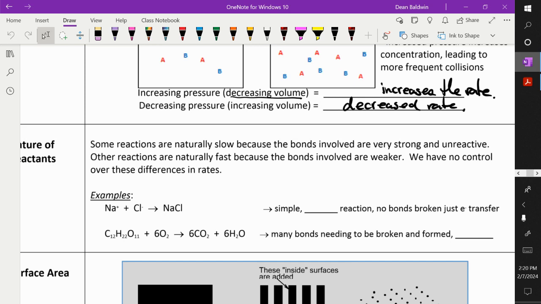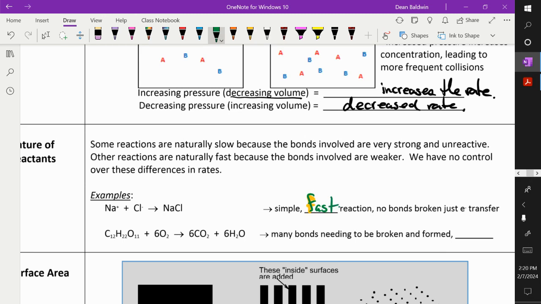The more complex the molecule, the more complex the geometry, the harder it is to get proper reactions, or proper collisions, I should say. So if you have simple atoms or molecules, you get a fast reaction. Especially this one, it's just an electron transfer.